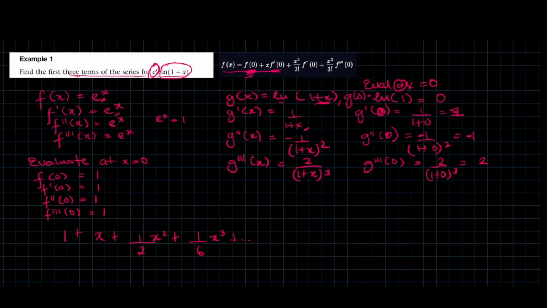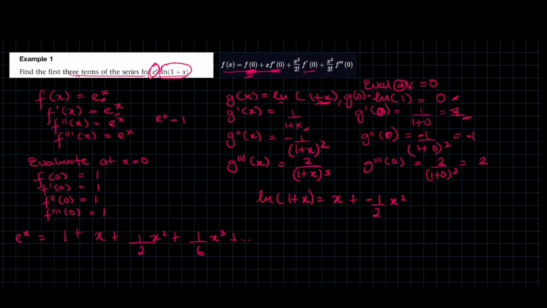Now writing out the formula is simply going to be, for the first one is 0, so no need to write anything there. For the second one is going to be 1, so it's going to be just 1x, which you can write as x, plus minus 1 over 2 x squared.